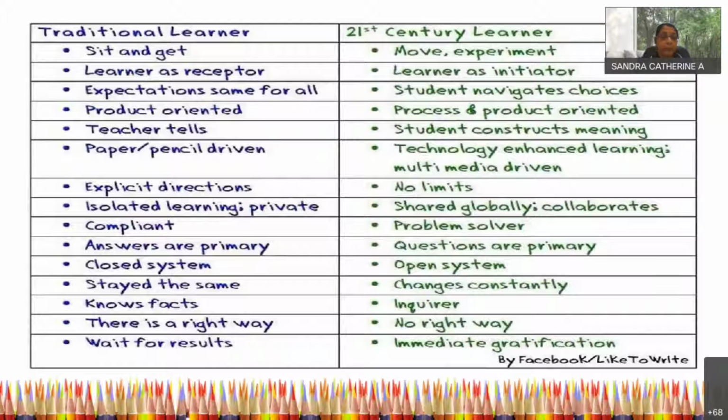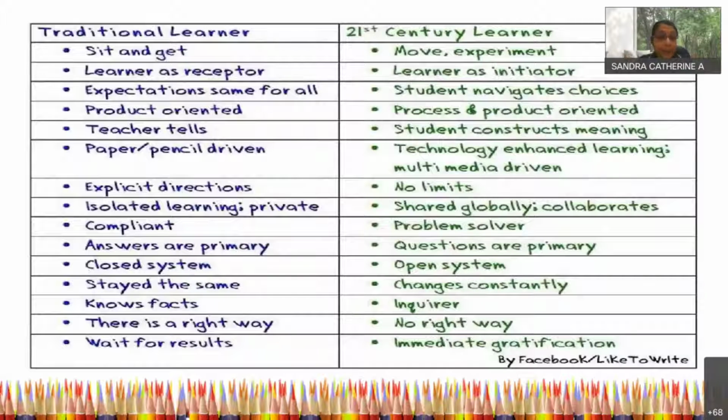Next, Tila. So these are examples of the traditional learner or teacher-centered learner, and also the 21st century learner or student-centered learner. So I'm sure we know that all of our students nowadays are the new generation where they need to participate, they need to move in the class.